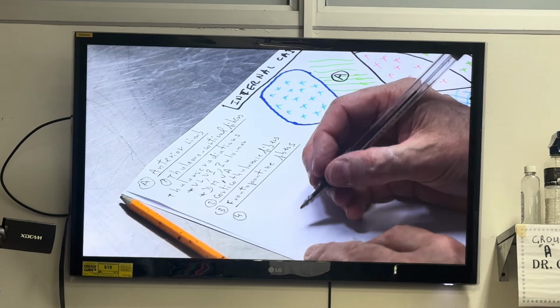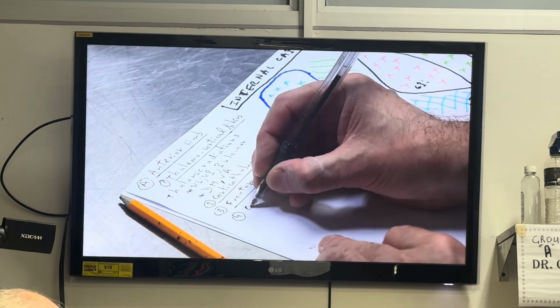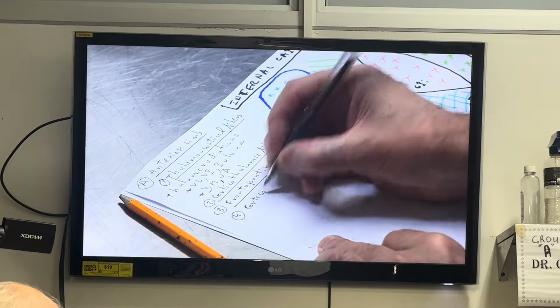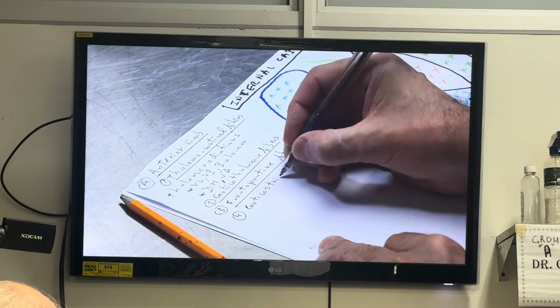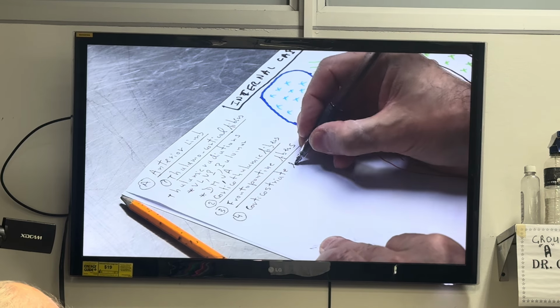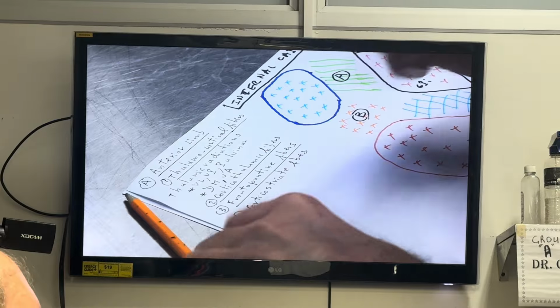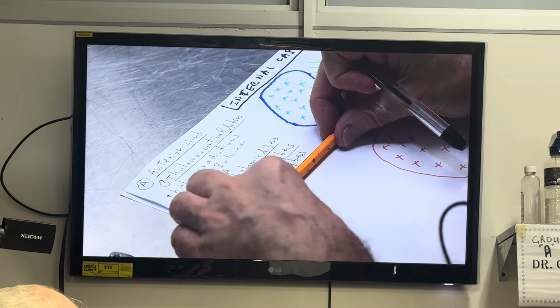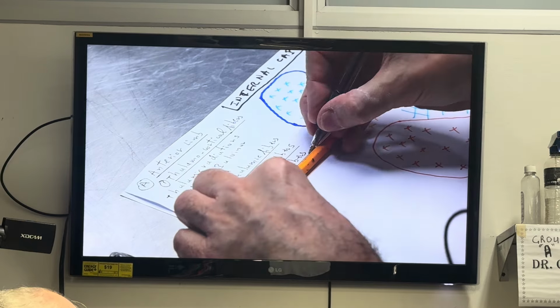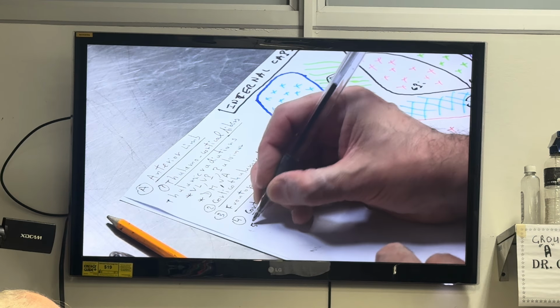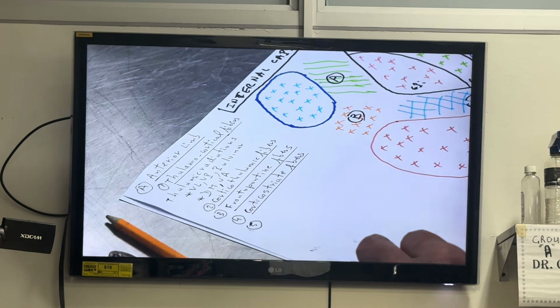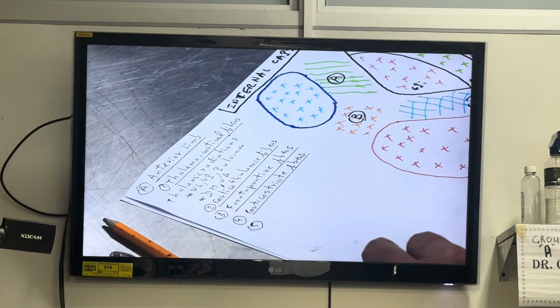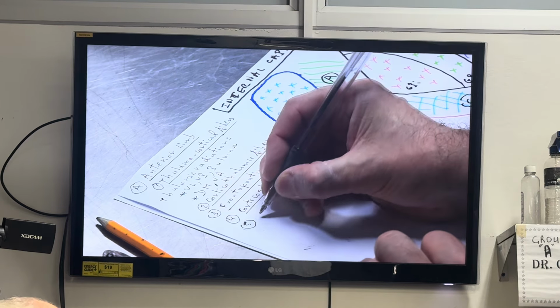Something that we'll see soon, corticostriatal. And something that we saw previously, the fibers which are between the caudate and your putamen.